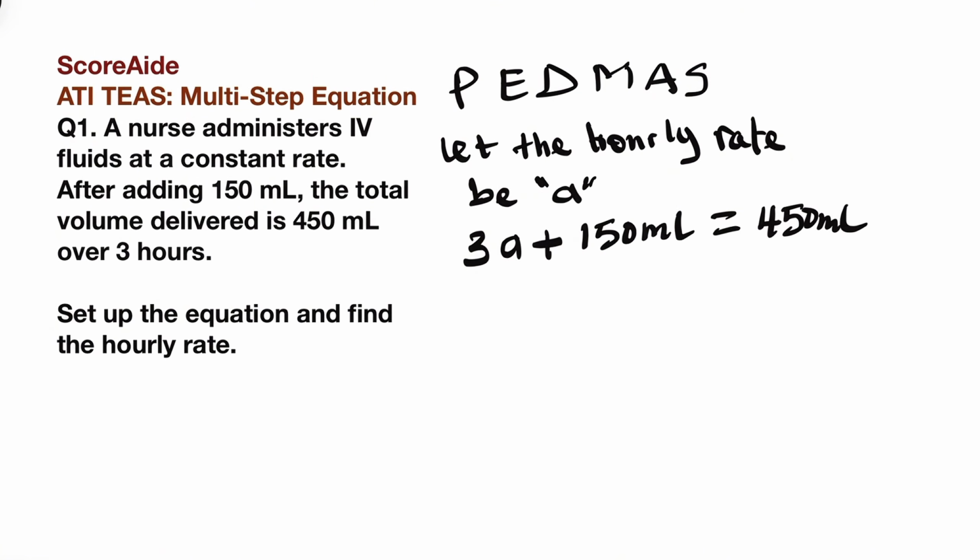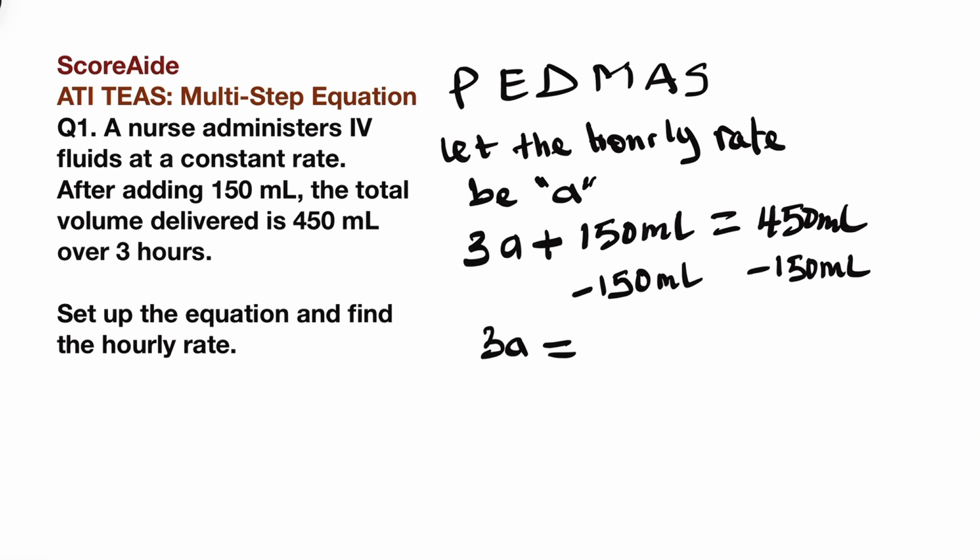So we first of all eliminate the term that doesn't have x, which if you notice, this term doesn't have x, so we have to eliminate that term, by subtracting 150 milliliters from both sides. So when you do that, 3A is going to be equal to 450 milliliters minus 150 milliliters.